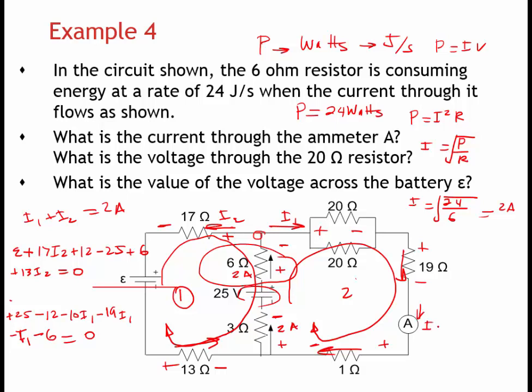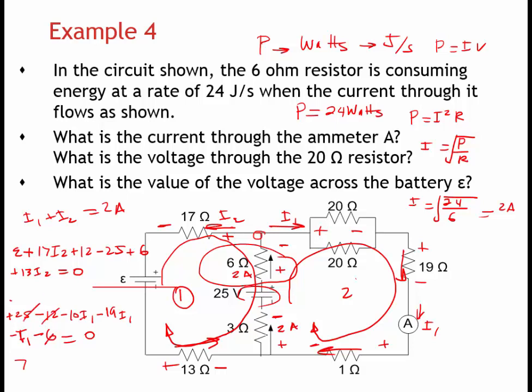So we have 25 minus 12 minus 6, which is 18, so 25 minus 18 gives 7.